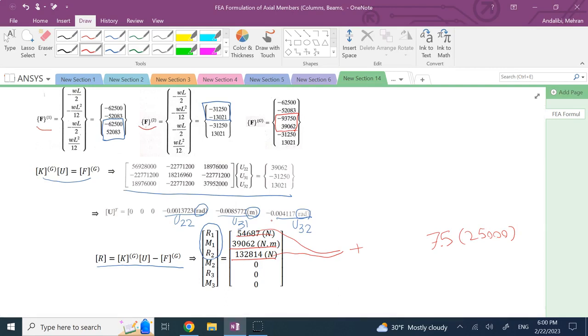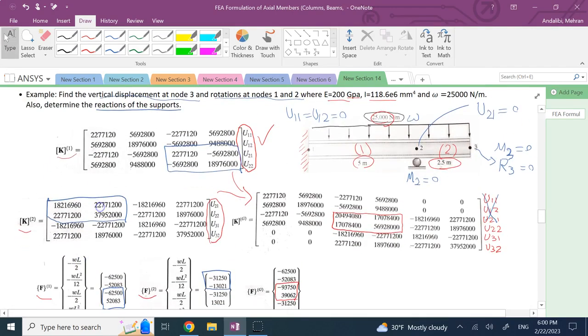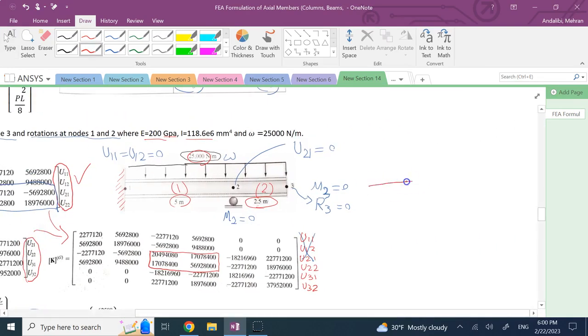It says node 3 is going to go down and the rotations are negative. Does that make sense? So if you look at this beam, what's going to happen as a result of this force here, right? So if I want to draw the beam after applying the force, probably the beam is going to be something like this, right? Let me draw the original one. So this is the original one, and this is that, and this is this.